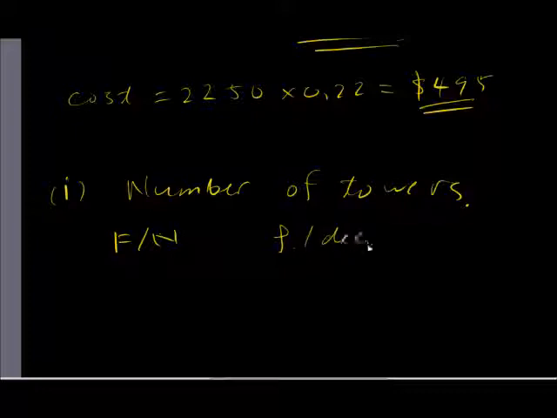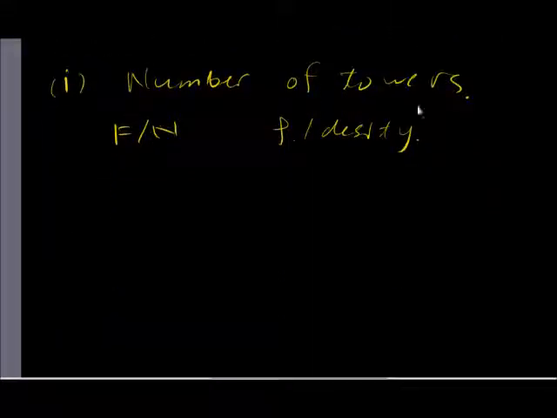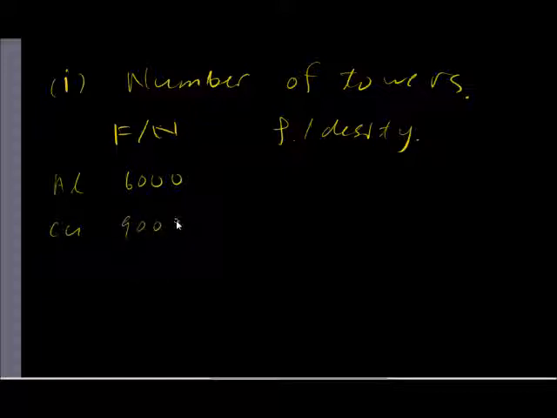Let's compare the F number of the aluminium and the copper. For aluminium, the F number is 6000 and copper is 9000. So copper apparently has a higher F number, but the ratio of them is only 2/3.